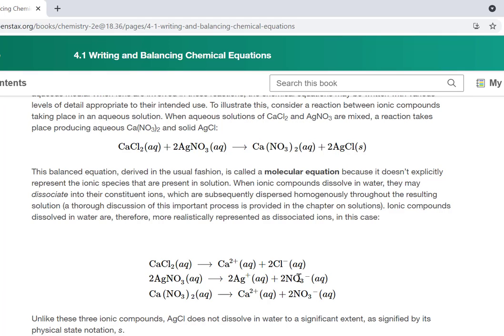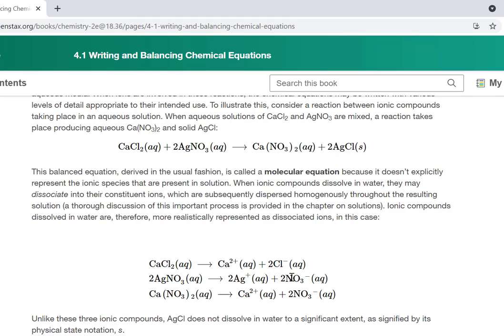You have three elements, but we're still breaking it into two pieces. The other difference is the coefficient. So what we do when we break it apart is we distribute that coefficient through to each of the parts. So we have 2 silver, and then the 2 also goes in front of the nitrate. Okay, 2 silver and 2 nitrate.